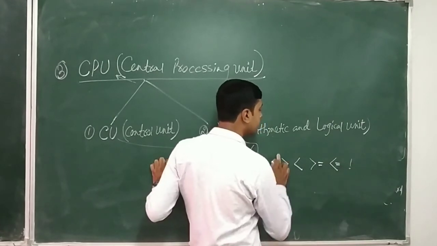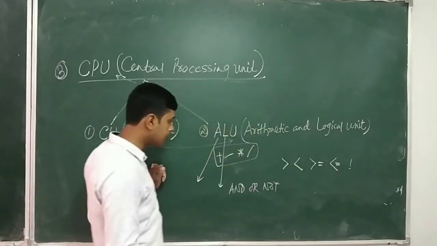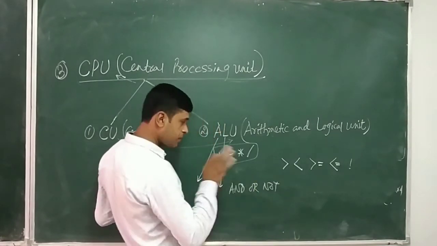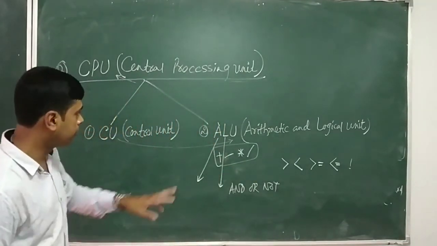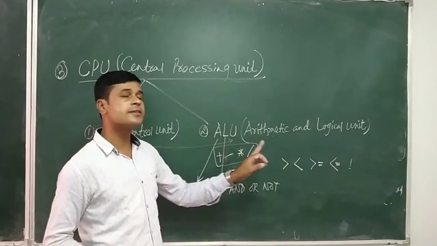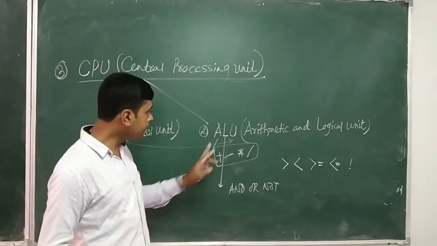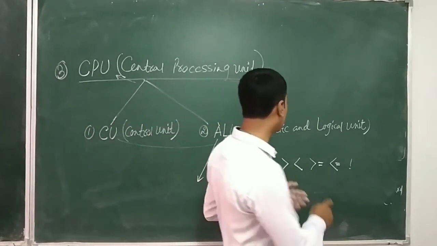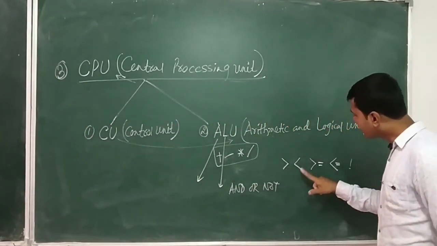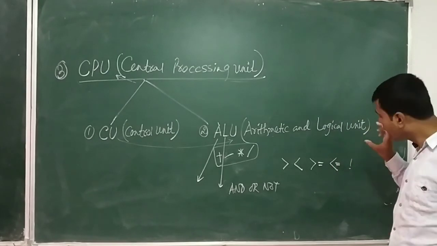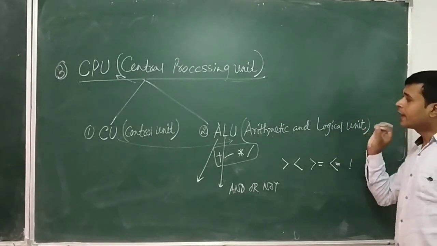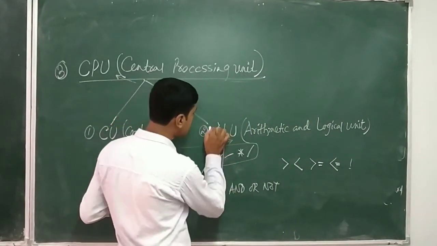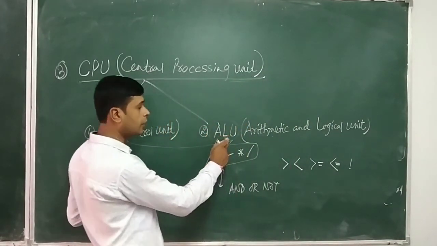We'll discuss these later. So if it is arithmetic, plus, minus, multiplication, division; if it is logical, then and, or, not, or relational operators. All the arithmetic and logical operations are performed through this subunit.